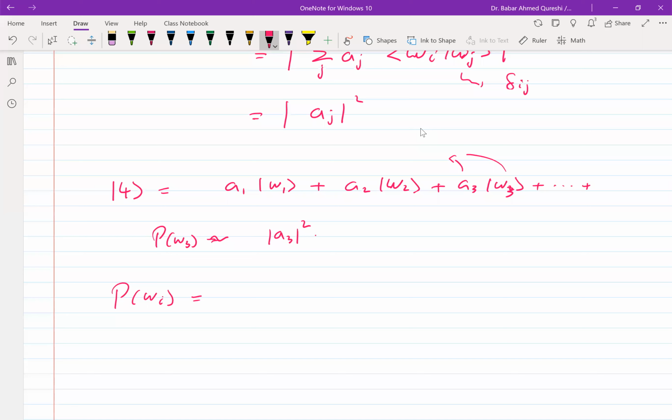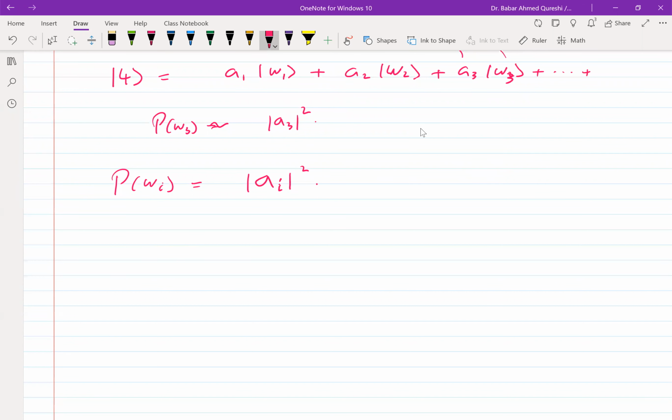So this is, if I put it equal to ai mod square. With equality, I have this condition. The sum should be equal to 1 because the probabilities must sum to 1. So this implies the sum of ai mod square is equal to 1.